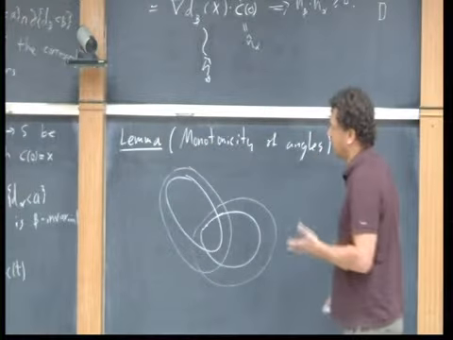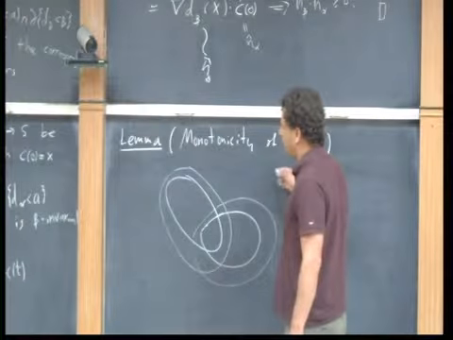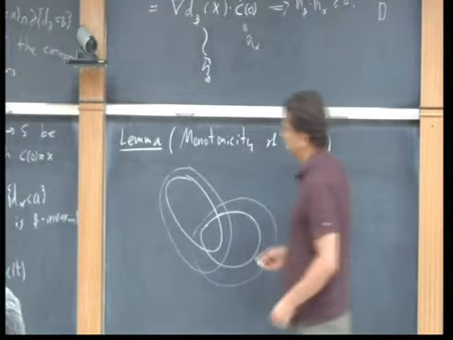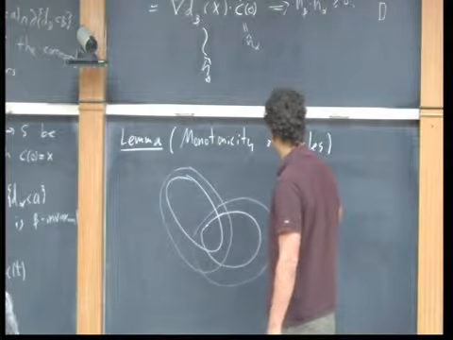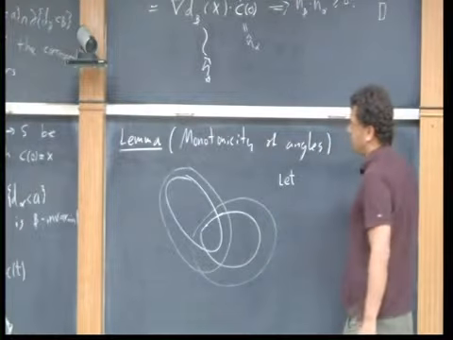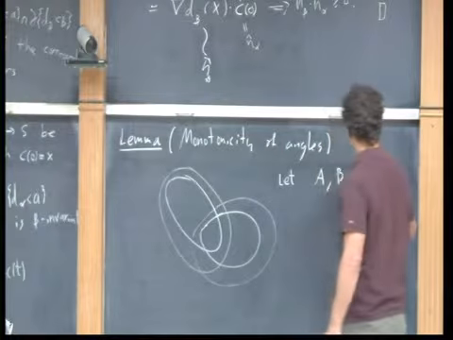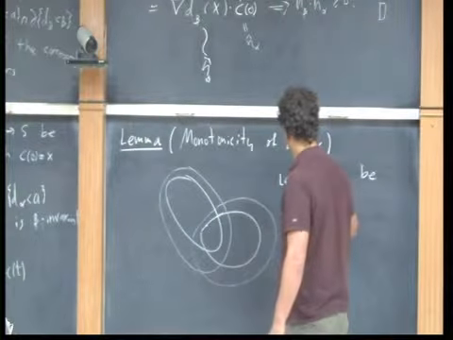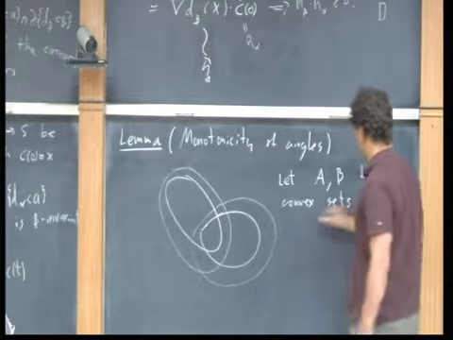So let's formulate it the following way. Angle only grows. Let A and B be convex sets with smooth boundary.